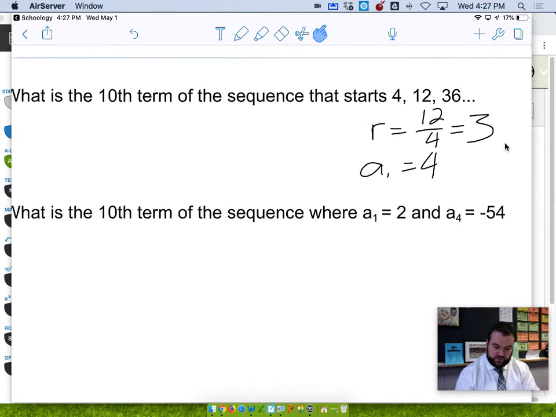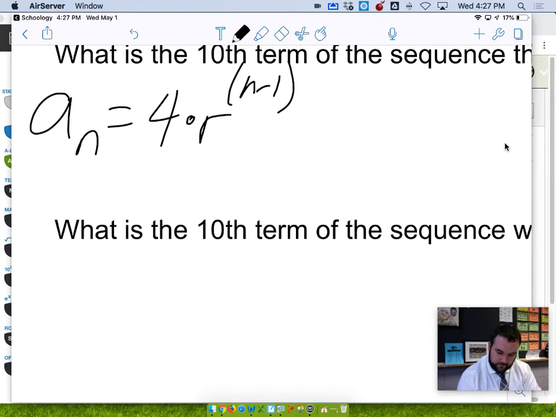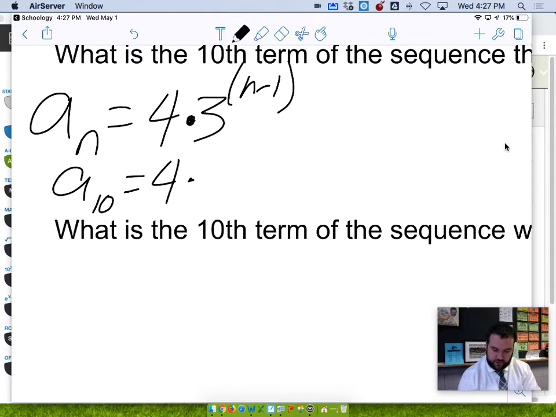So we're going to use that to write the formula for it, which is A sub n equals the first term times the common ratio, n minus 1 times. Okay. So now if I want to find the 10th term, I'm going to take 4 times the, now I messed this up. I shouldn't have put r. I should have put what the actual common ratio is, which is 3. So I'm going to do 4 times 3 to the 9th power because I'm finding the 10th term.